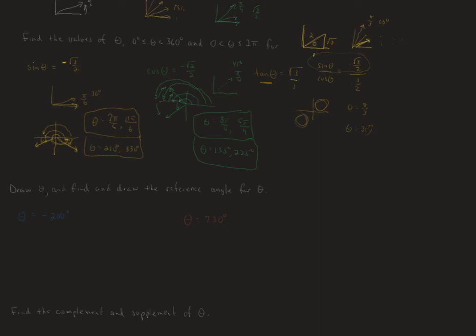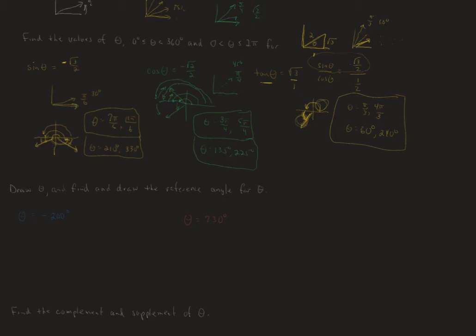Boy, my eraser doesn't work very good in this weakened state here. 60 degrees. Or in quadrant 3, that's going to be a reference angle of pi over 3. So that's 3/3 plus another 1/3 is going to make that 4 pi over 3. Or 180 plus 60 will make that 240. So there are those angles.